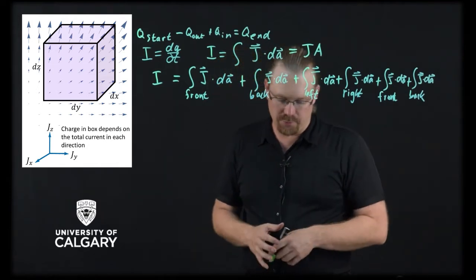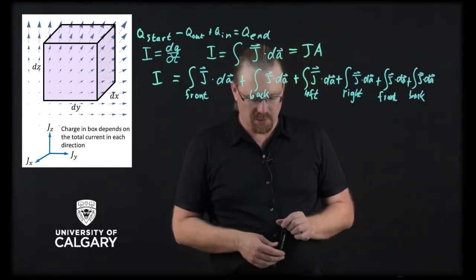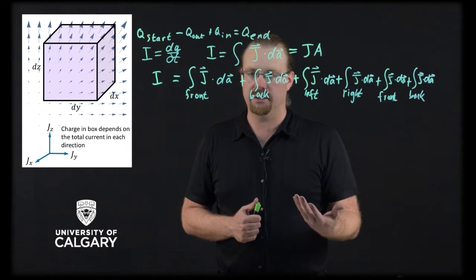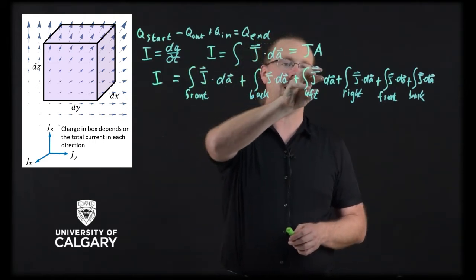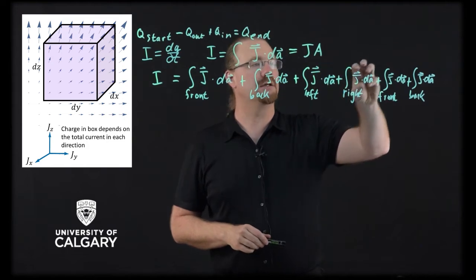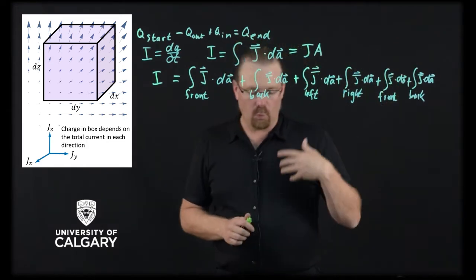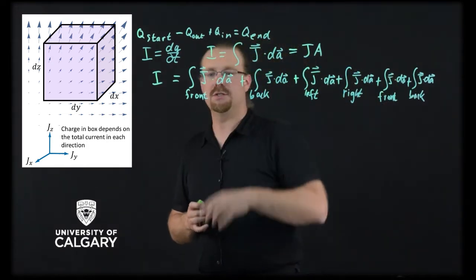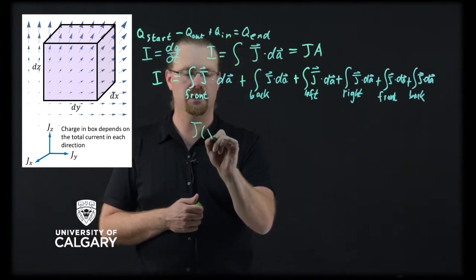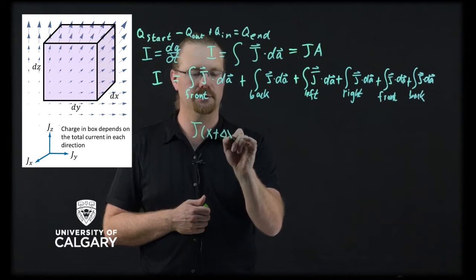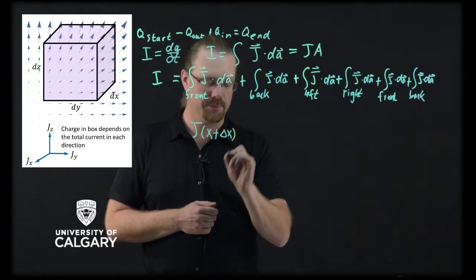That total current for our region of space, if we evaluate it at the front and at the back, we're going to have slightly different J, and we're going to have slightly different J here and here and here and here. And what we can say is that this right here is going to be J of x plus delta x, y, z, which I'll suppress.